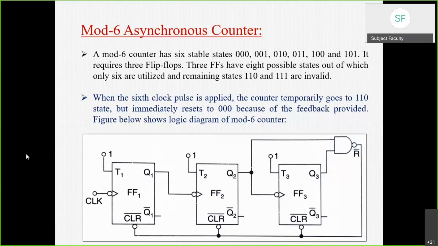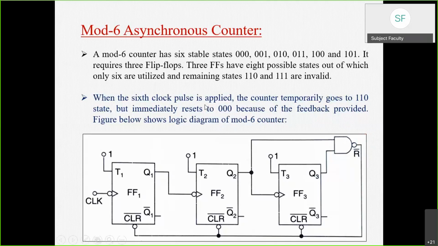So what is happening here? We know the working of a NAND gate. A NAND gate produces a high output when one of the inputs is 0. When one of the inputs of a NAND gate is 0, its output will always be 1. That means in order to produce an output of 0, both inputs should be 1, 1.